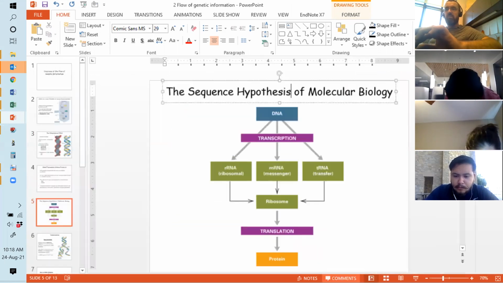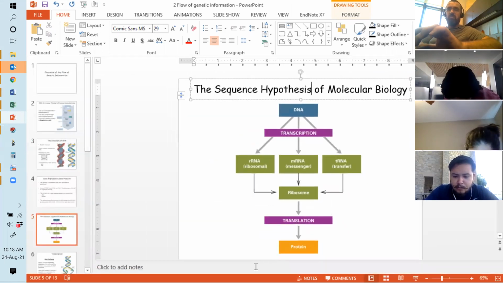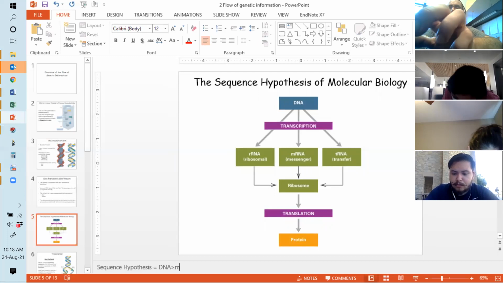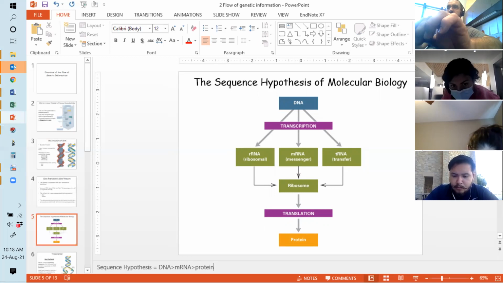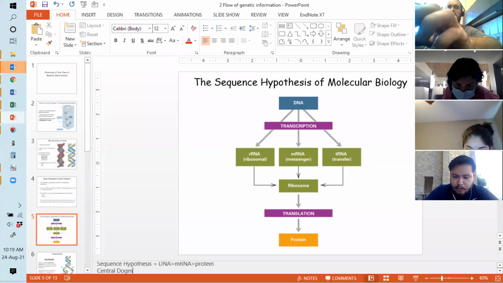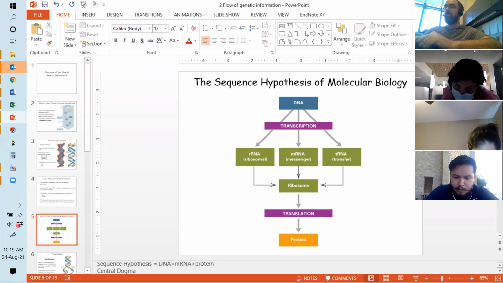Basically, the sequence hypothesis, and this is from Watson and Crick, is DNA, mRNA, protein. The central dogma, which is funny because they actually expressed regret for using the word dogma because it caused them all kinds of grief afterwards.